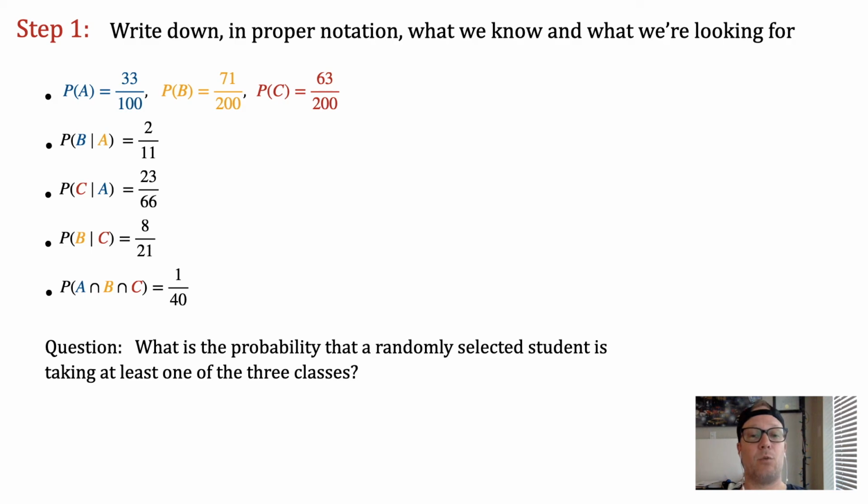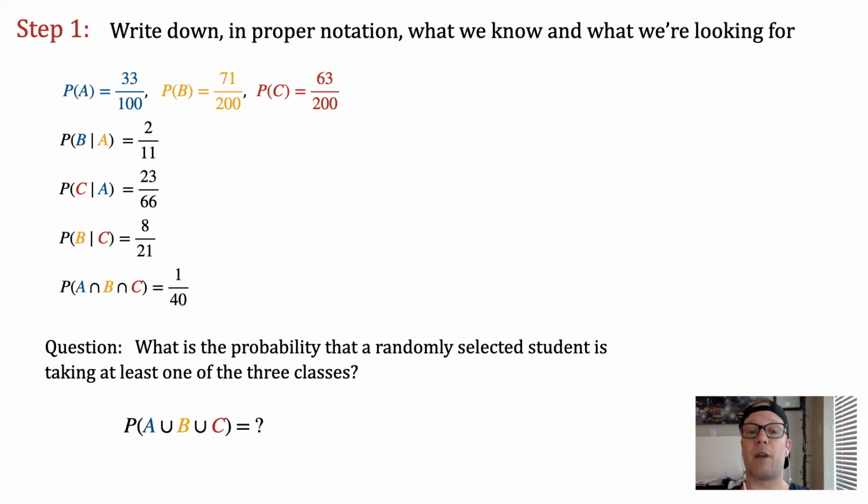That means we could have 1 class, or 2, or all 3. And when we think about "or," we use the union sign rather than the intersection sign. So the probability of A union B union C is the same thing as the probability that a randomly selected student is taking at least one of the 3 classes.